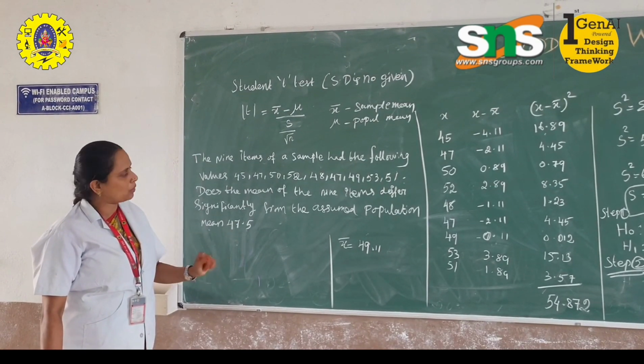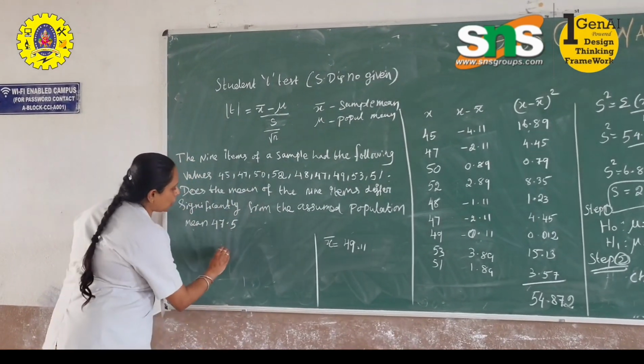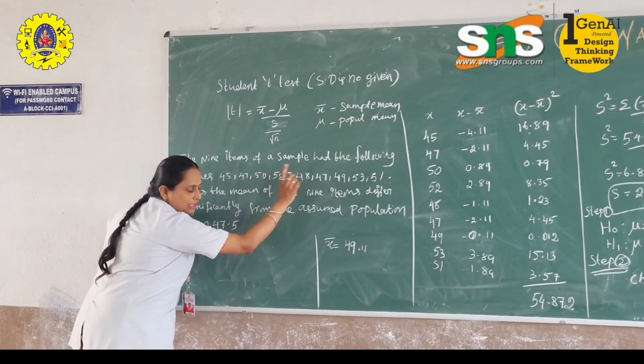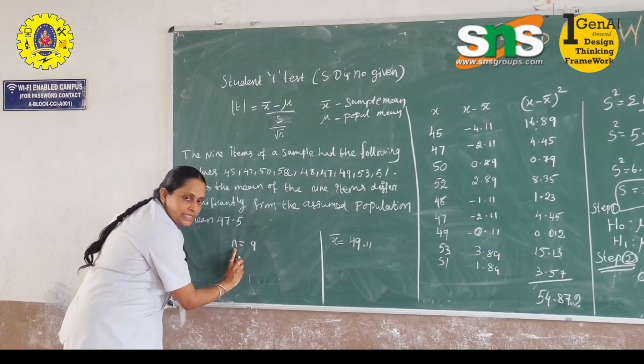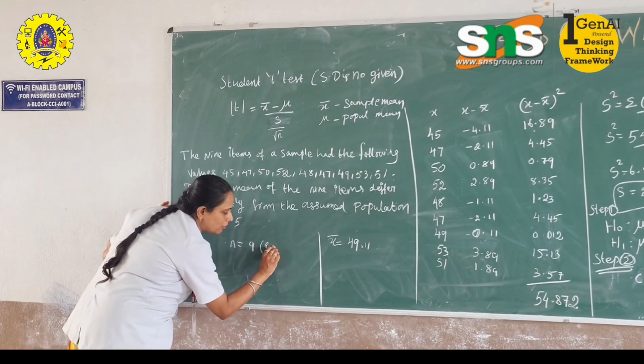Here the sample count n is 9. If n is 9, it is a small sample.